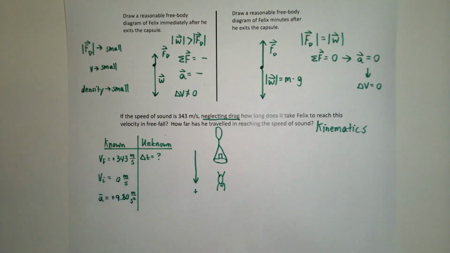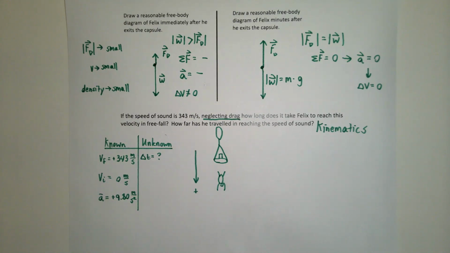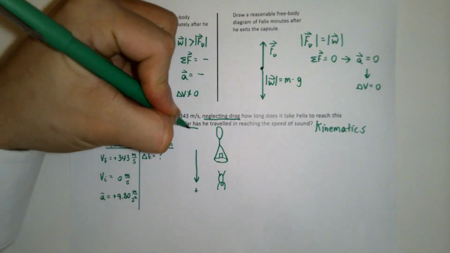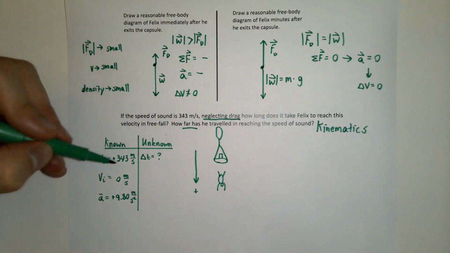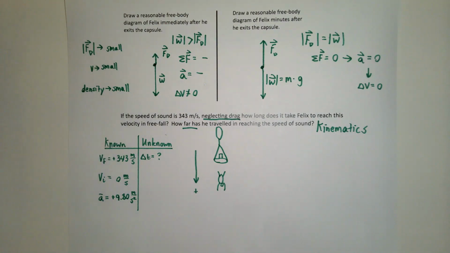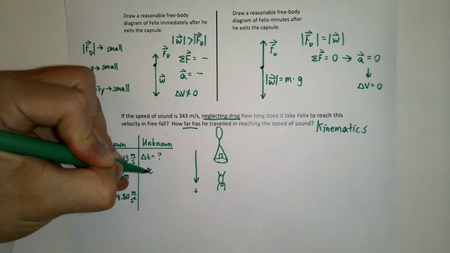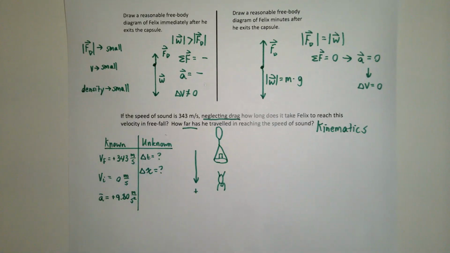Because his velocity is changing in the positive direction, that acceleration is positive. We're also asked to find how far he travels in reaching the speed of sound. That's another unknown for us: the change in x, or the displacement.